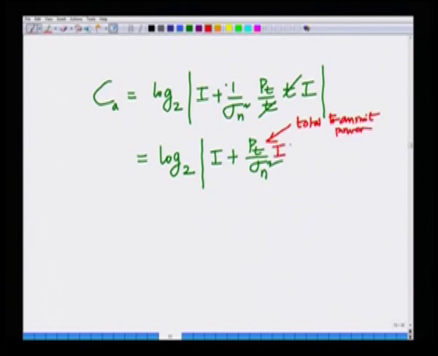Times identity, and you can see this is nothing but R times log to the base 2 of 1 plus P_t over sigma_n squared. Why does this follow?